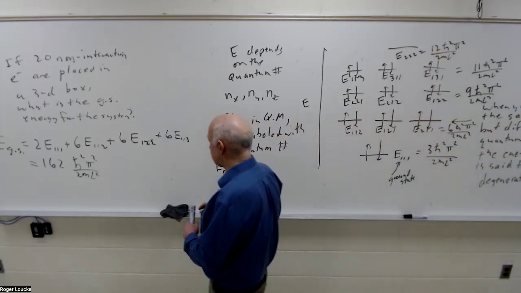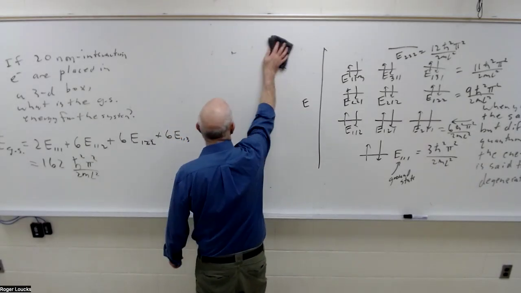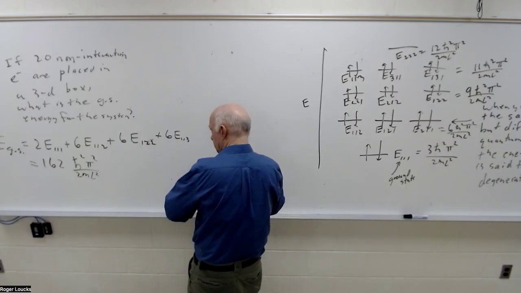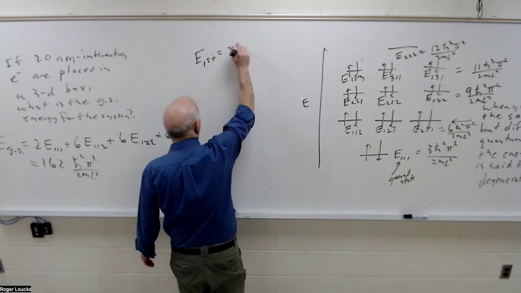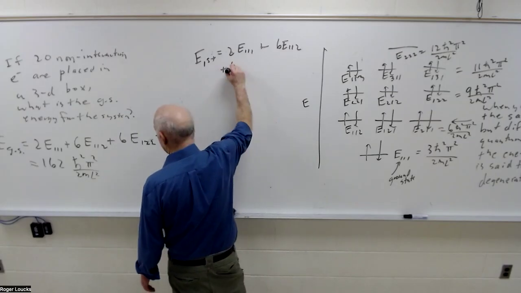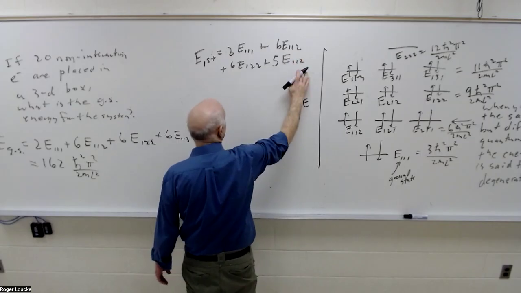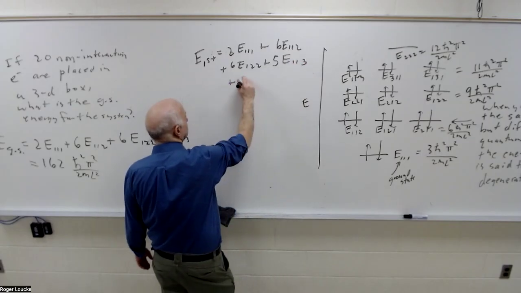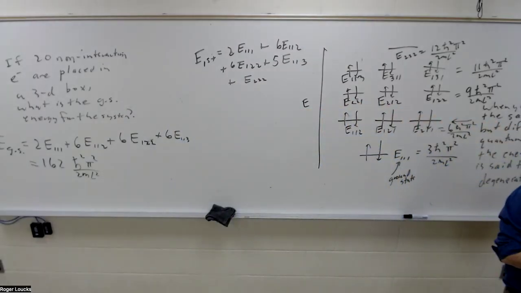So the first excited state energy would be this, in the exact same initial format. I have 5 E112, I'm sorry, E113 plus E22. Makes sense?